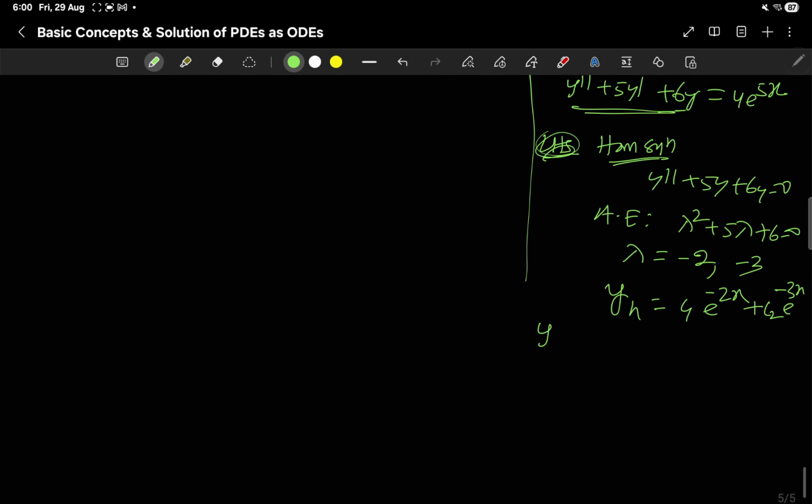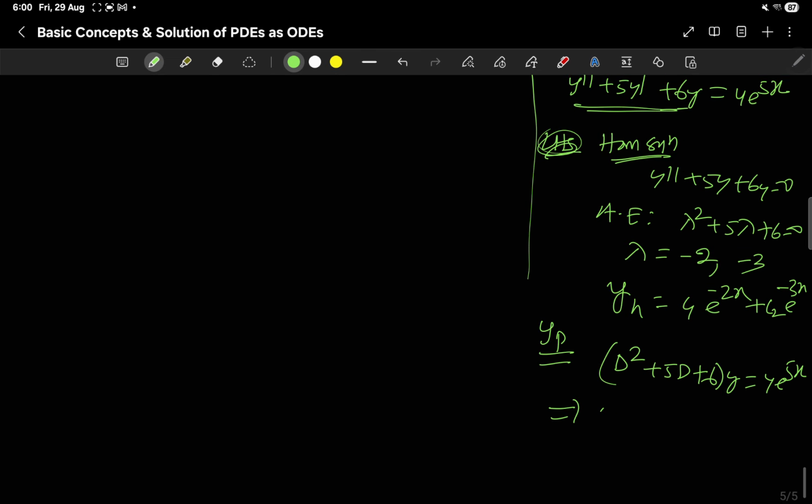Now for my y particular, what will happen? I will write it d square plus 5d plus 6 into y is 4e to the power 5x, right? So now what is my y? Y is 1 by d square plus 5d plus 6 times 4e to the power 5x. Now I just replace d by 5, so it is 1 by 25 plus 25 plus 6, times 4e to the power 5x.